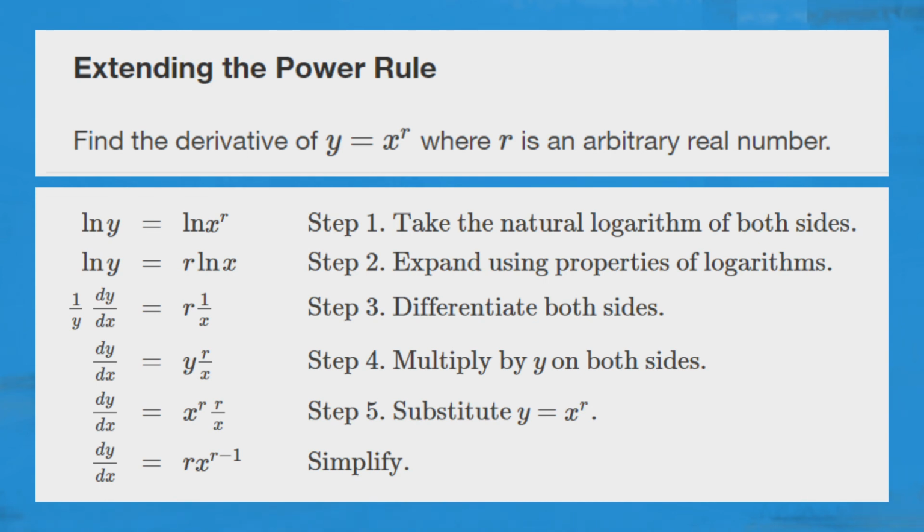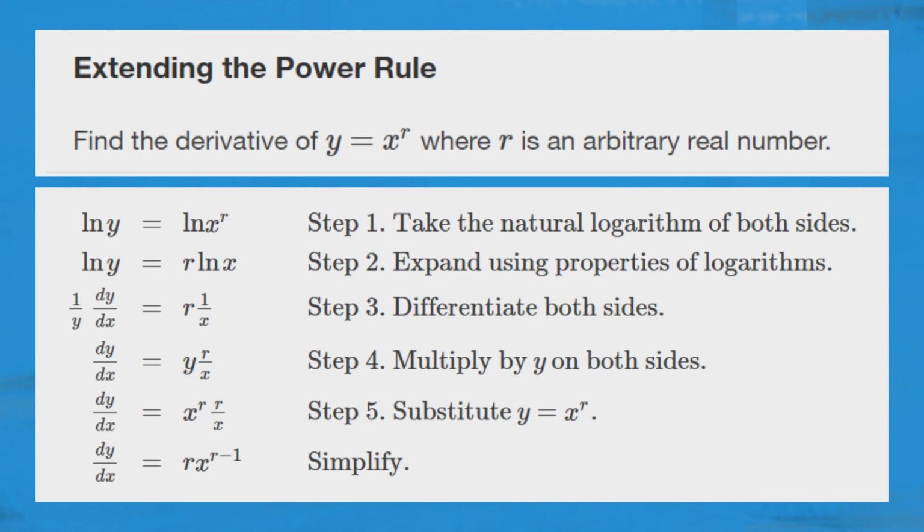And we do this by using logarithmic differentiation. So we take the ln of both sides and expand, which is really just bringing the r out in front. R is a constant, and the derivative of ln x is going to be 1 over x. So you take the derivative of both sides, and then solve for dy/dx, so that's y times r, constant r, divided by x.